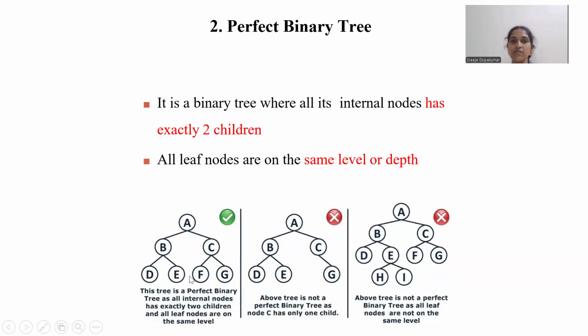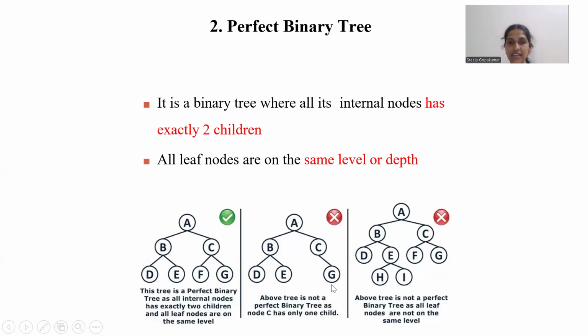So this tree we can call a perfect binary tree. The second property is also satisfied: the leaf nodes D, E, F, G are all on the same depth or level. That is why it is called a perfect binary tree.